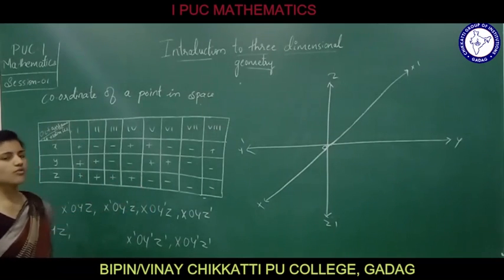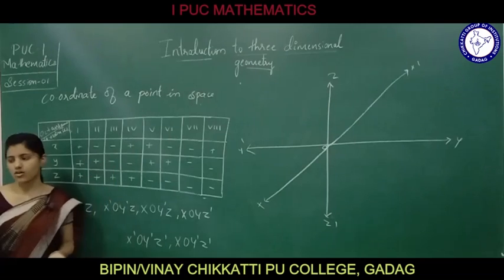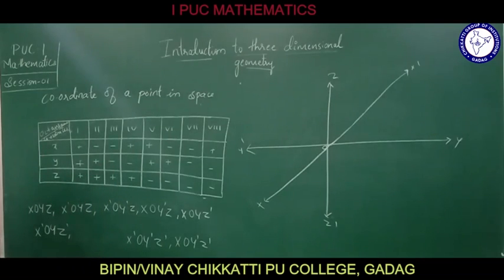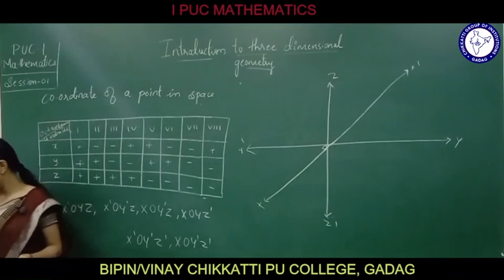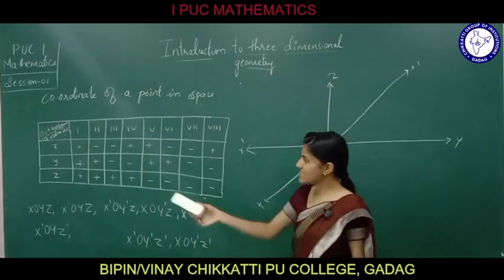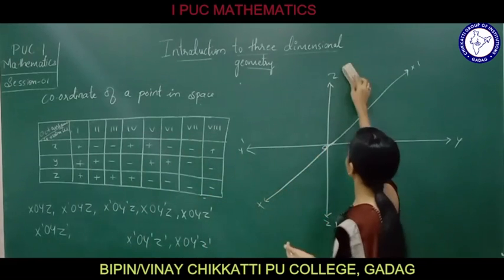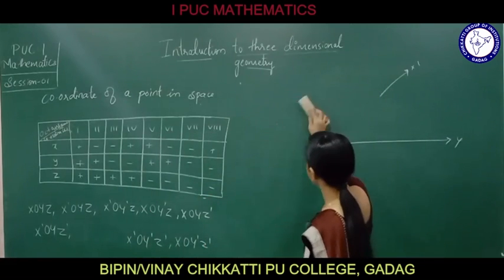This is how we are going to find the signs of these coordinates. Next we are going to solve the exercise. Let these be here on the board itself, so that it is very easy to identify in which plane those points are going to lie.